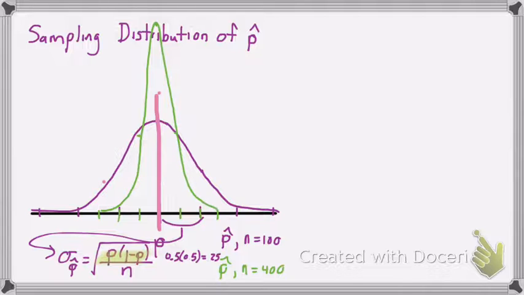The reason it is much skinnier is that the total area under the curve should still be 1, or 100%. So the one with less variability and less width is the one with 400, and it has to have more height to have the same area. The answer is that you have less width to your confidence interval with a larger sample size.